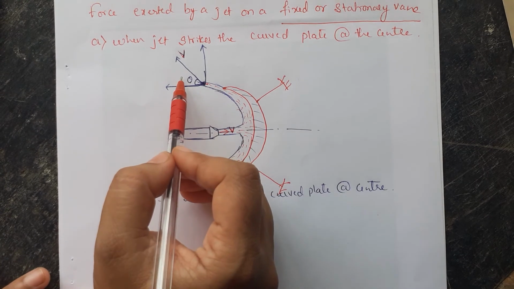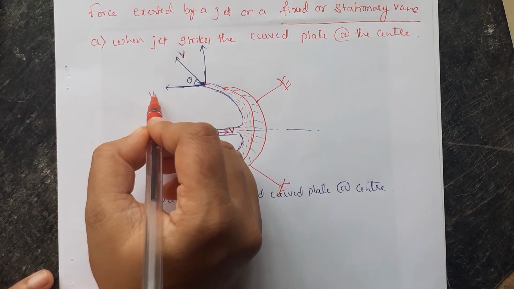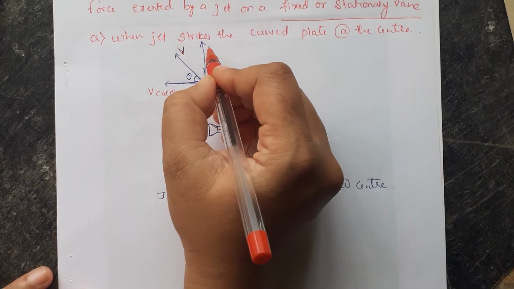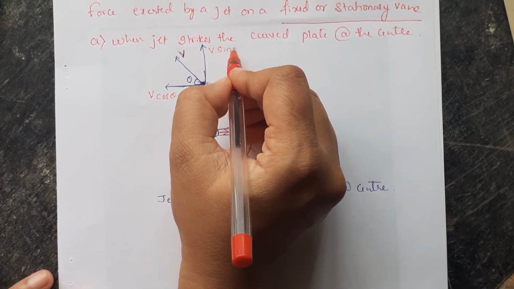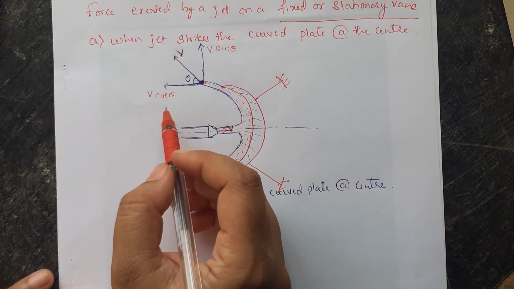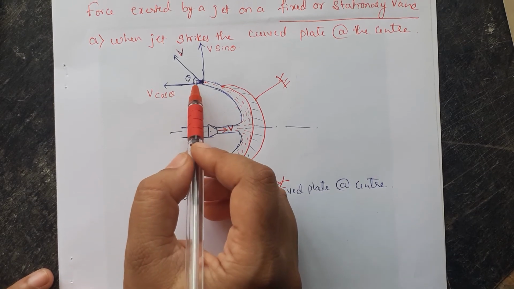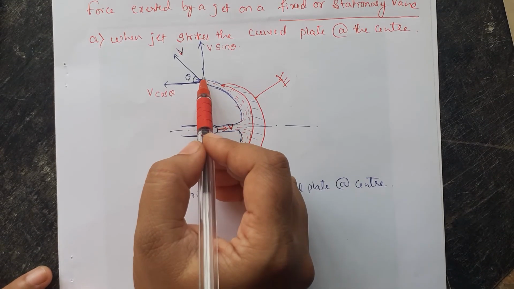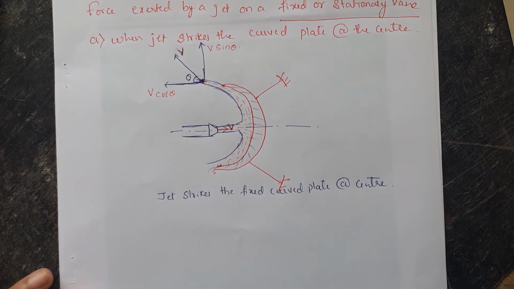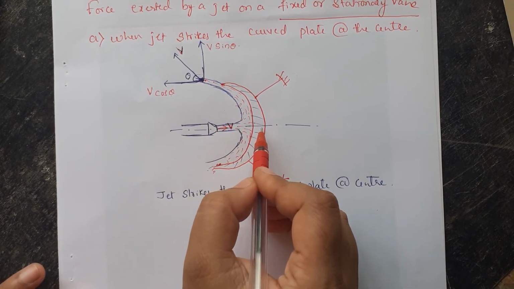So what happens here? Let us resolve this along the x and y axis: v cos theta and v sin theta. So it is resolved into two components. One is in the direction of the jet and the other is in the direction perpendicular to the direction of the jet. As we know, this is the direction of the jet, horizontal direction.